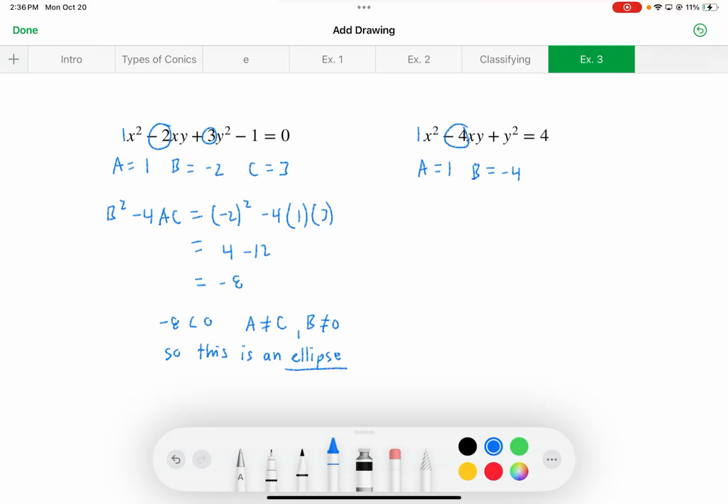B is negative 4. C is 1. B squared minus 4AC would be negative 4 squared minus 4 times 1 times 1. That's 16 minus 4, or 12. 12 is greater than 0, so this is a hyperbola.